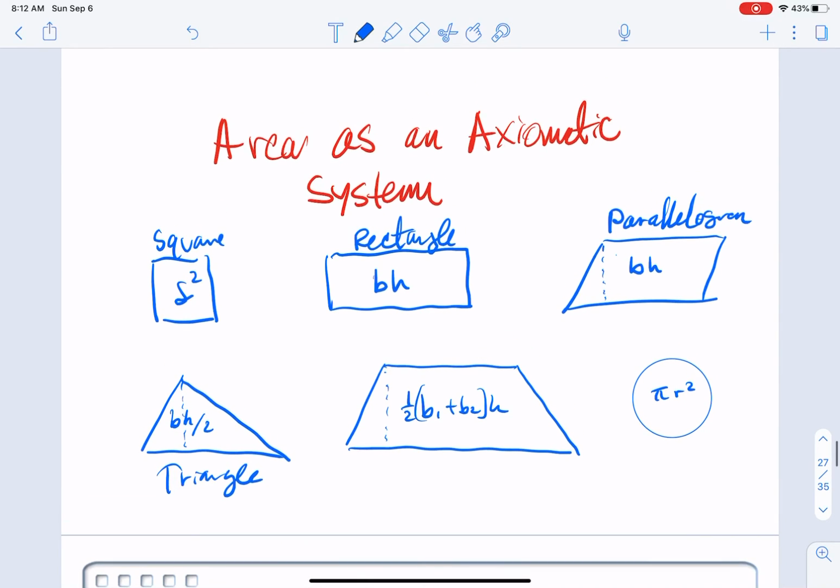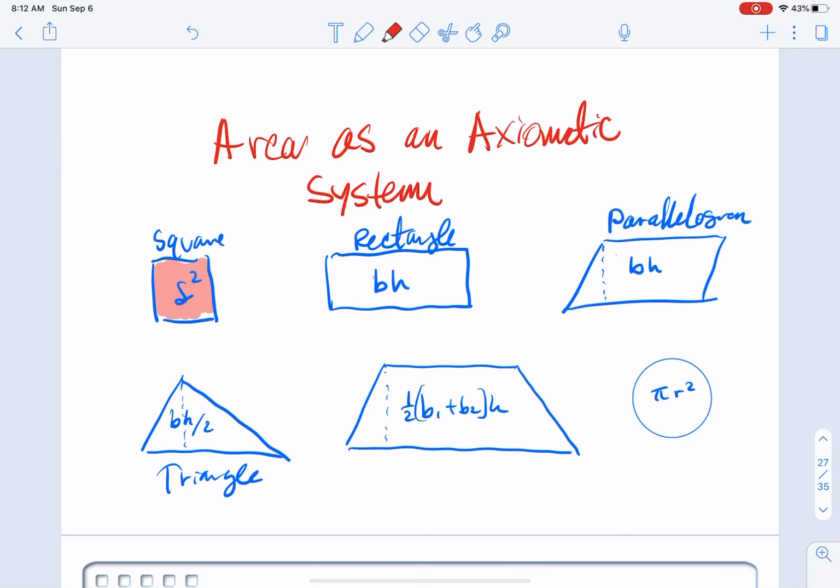So the question that we're asking ourselves right now is, of these 6 shapes and these 6 different formulas, which of them should we accept as true? Which one should be the axiom? Which one do you think that we could use to derive all of the other 5 from? Which one is the simplest one? And the answer to that question is the square.